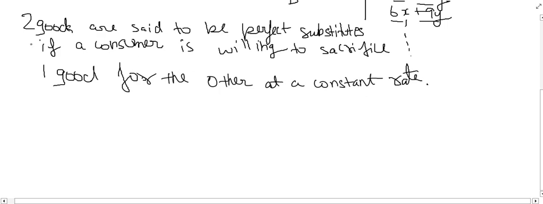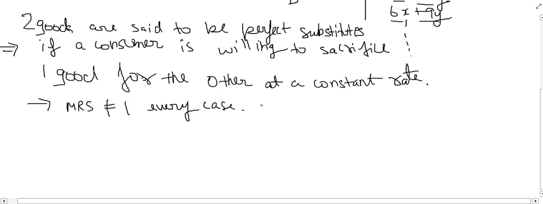Two goods are said to be perfect substitutes if a consumer is willing to sacrifice one good for the other at a constant rate. A common misconception about perfect substitutes is that the MRS needs to be 1 in every case. It need not be 1. It must be just a constant, any constant value. Okay.